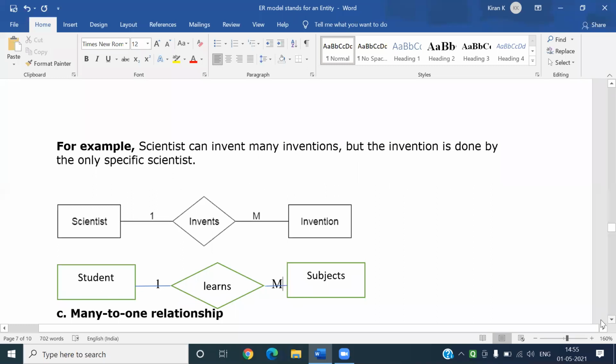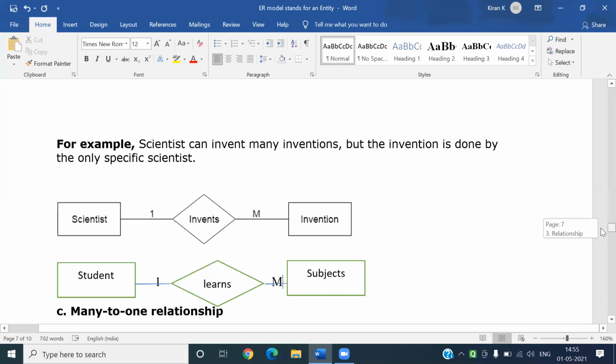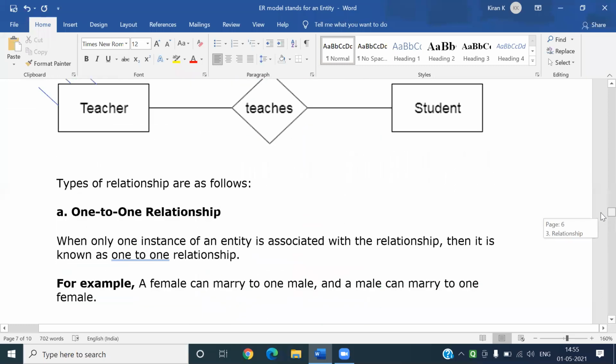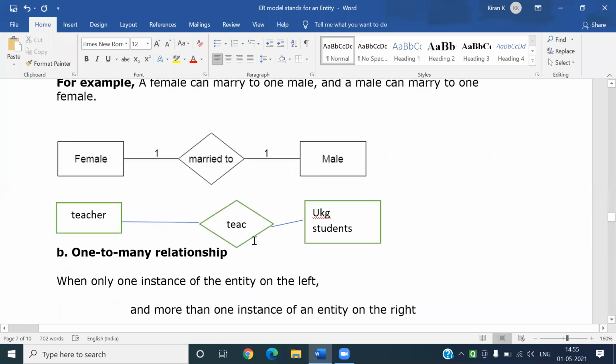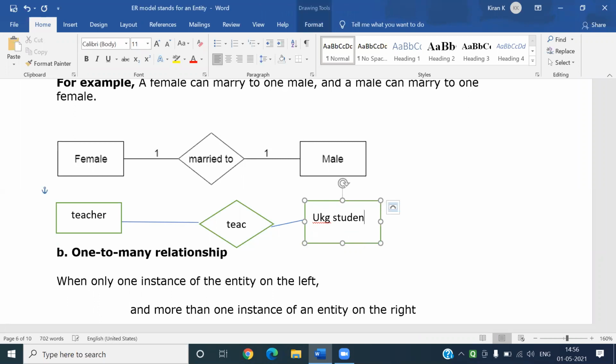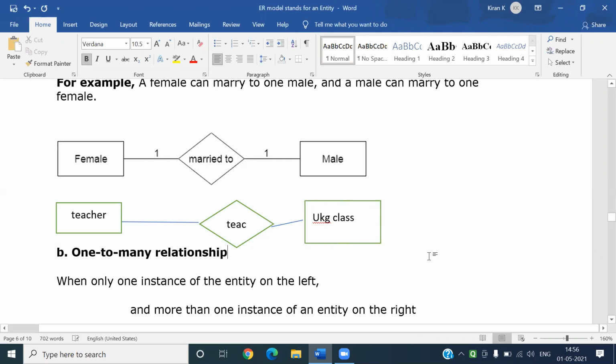We have now learned one-to-one. One-to-one means one instance of female marries one instance of male. Similarly, one teacher teaches all UKG students in the UKG class from morning to evening.